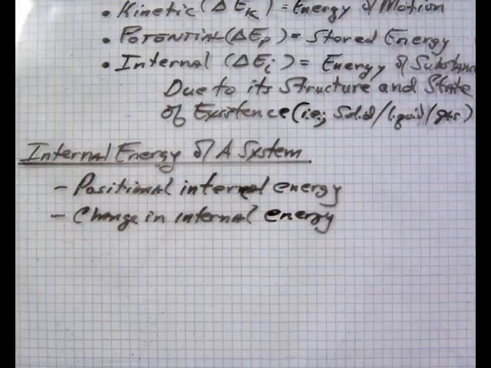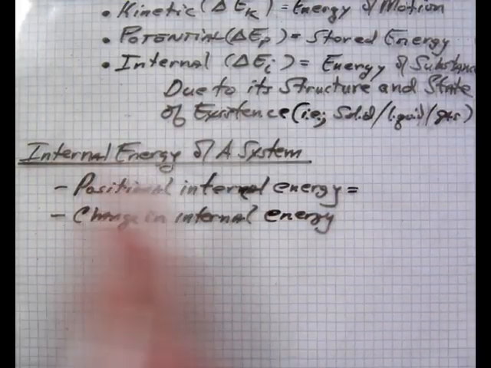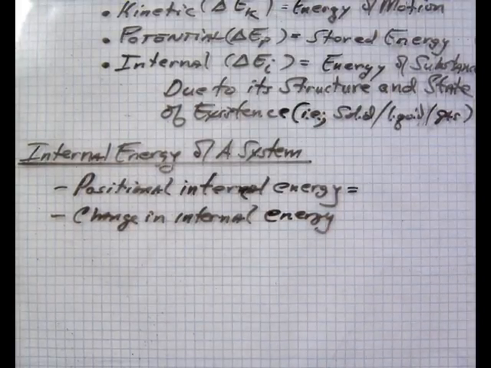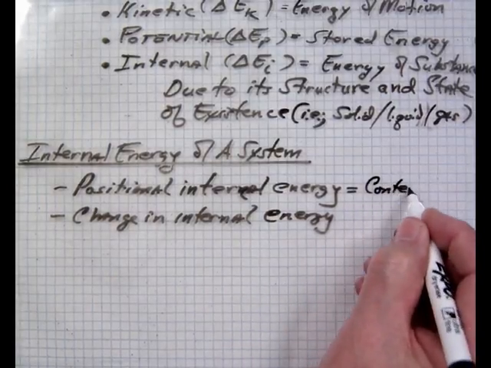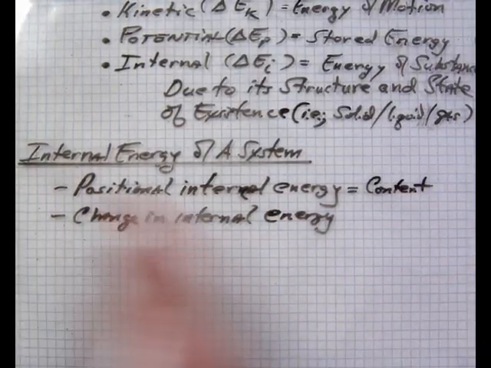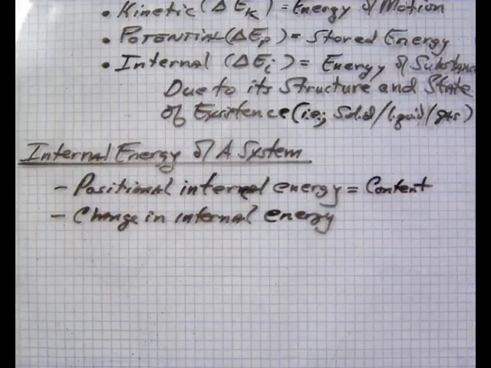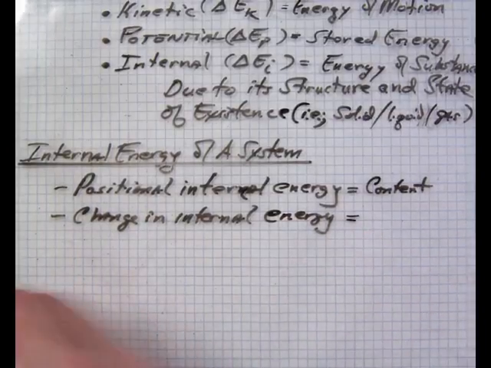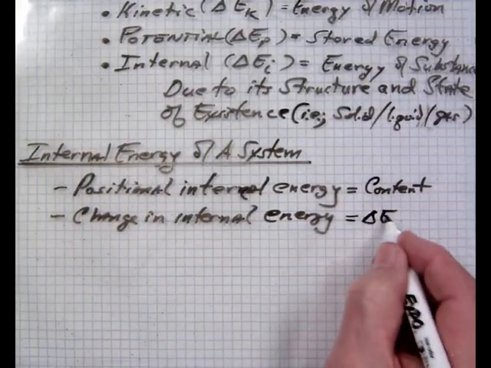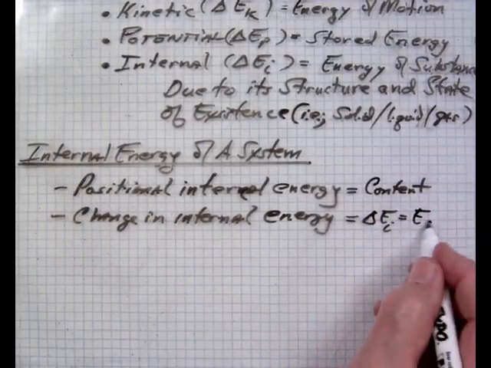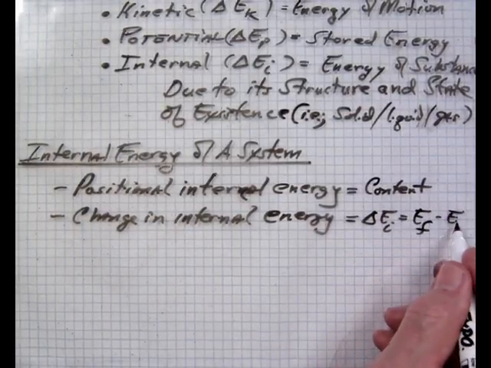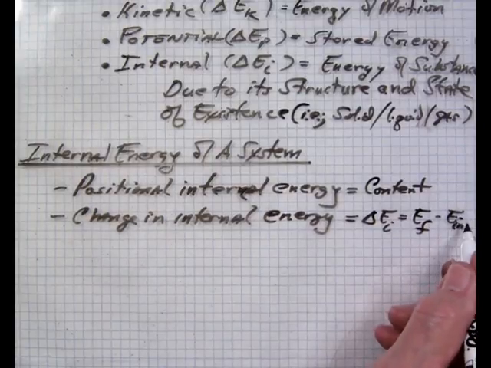Positional internal energy is a specified content of energy as it sits on a relative scale. I'll show you that in a second. And a change in internal energy is simply the energy final minus energy initial.